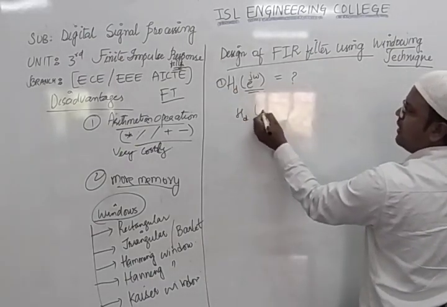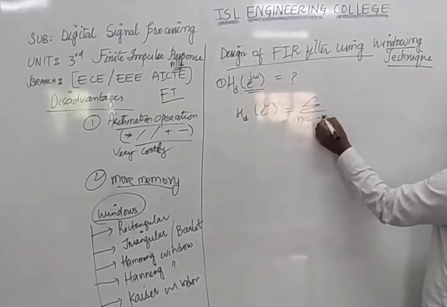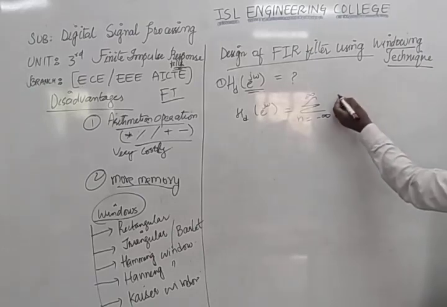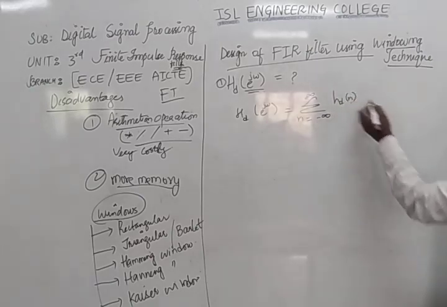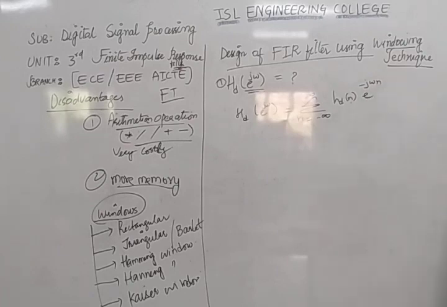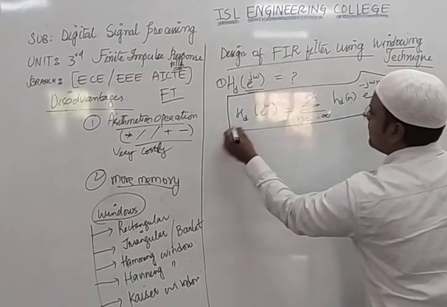Hd of e power j omega is given by the summation, n equals minus infinity to infinity, two-sided, of hd of n, because it's an impulse response, and since we are applying this by using the z transform, e power minus j omega n. So this is your function for designing h.